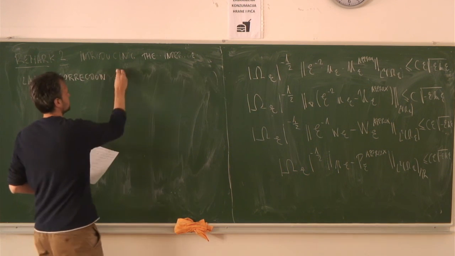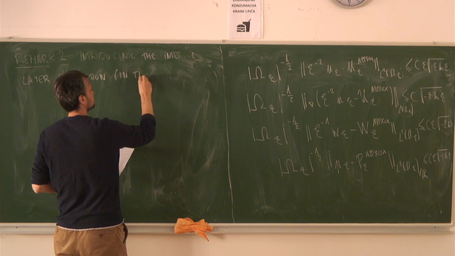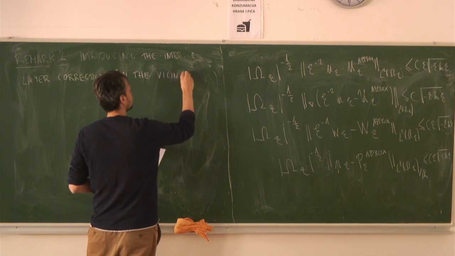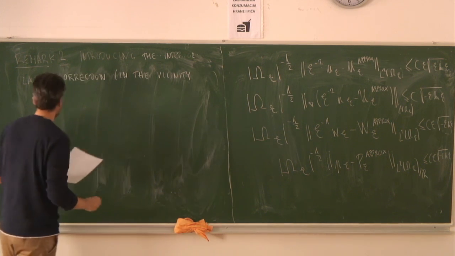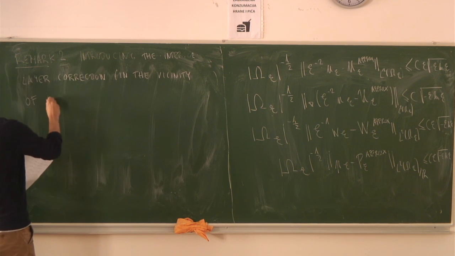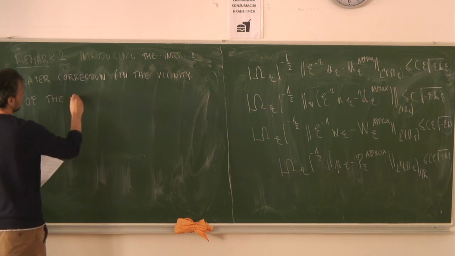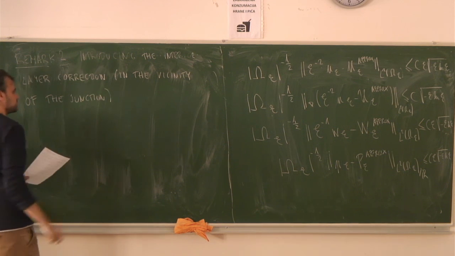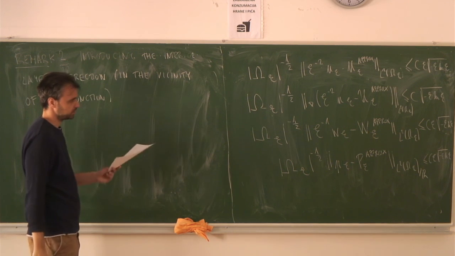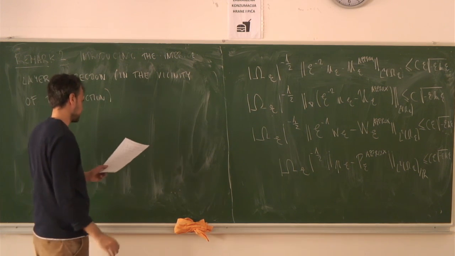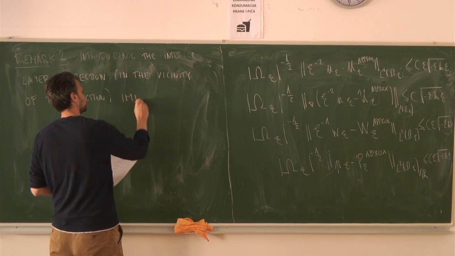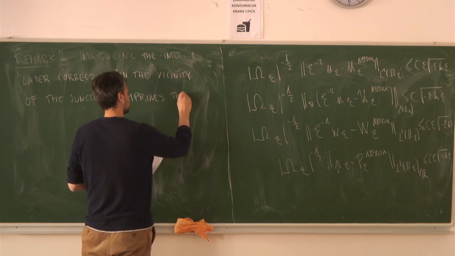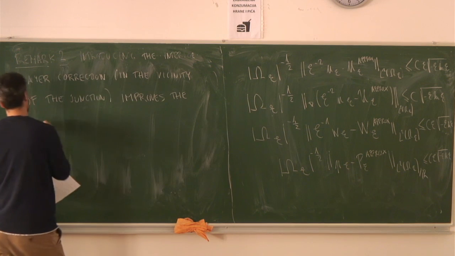In the vicinity of the junction, as we did, so that was the H epsilon i and G epsilon i, improves the constructed approximation.